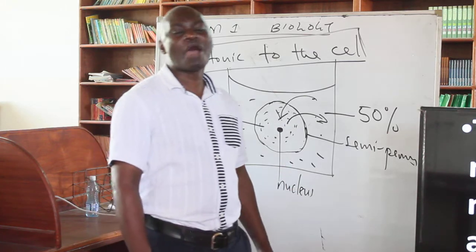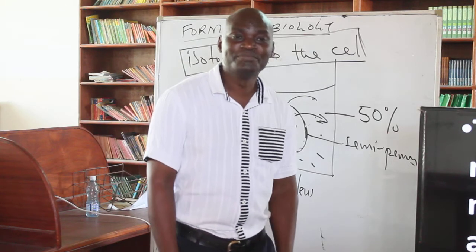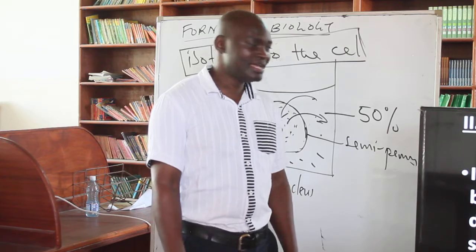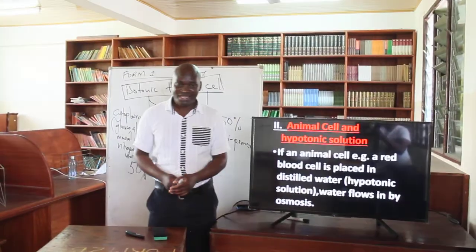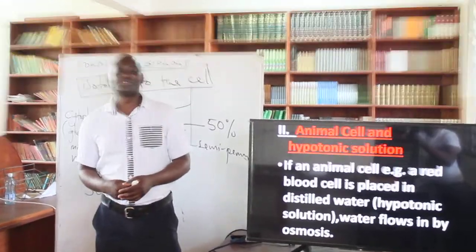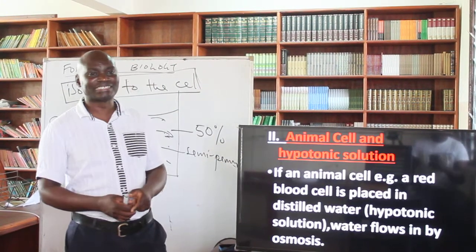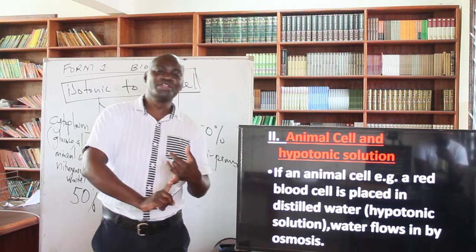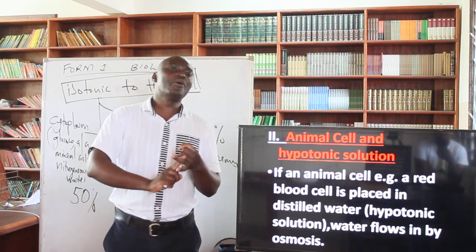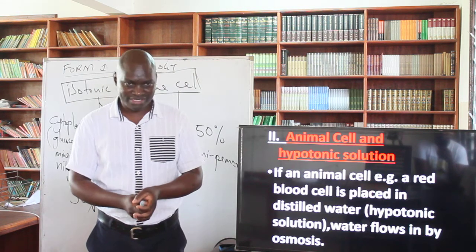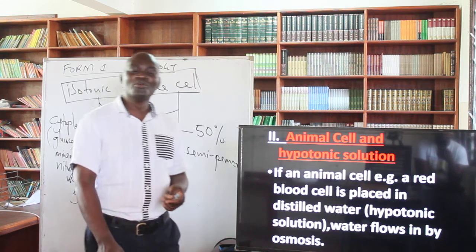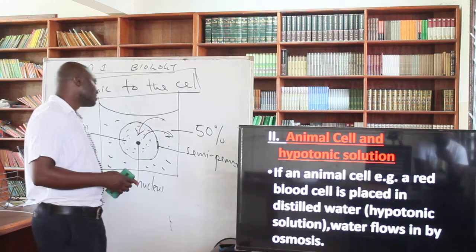That is how an animal cell behaves in an isotonic solution. Now let's move to the second case, because we are going to consider three cases. One case isotonic, the second case now is hypotonic, and lastly we will move to hypertonic.